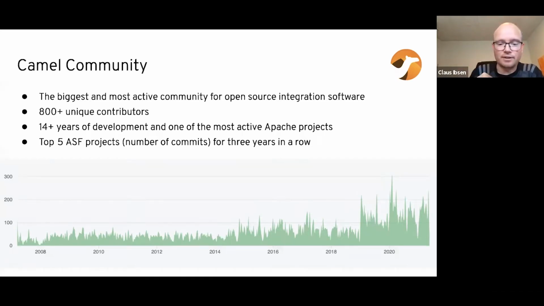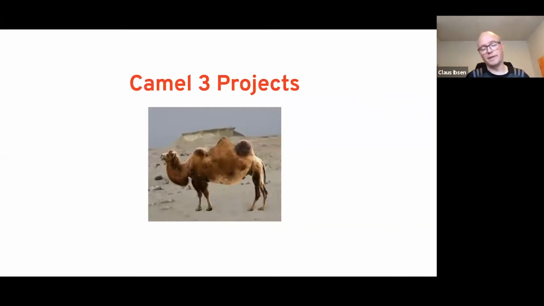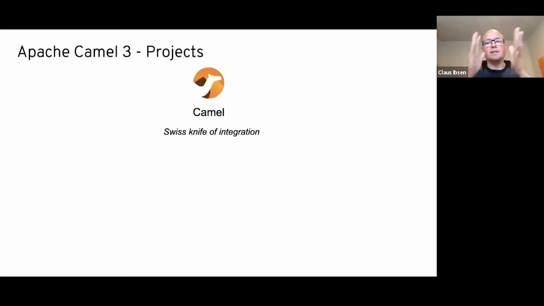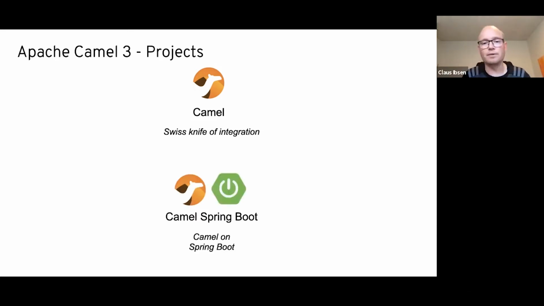But what I'm going to touch on is what we've done to make Camel, particularly Camel 3, relevant for the cloud. In Camel 2, we had a monolithic project. There was one project with just Camel. So what we've done is to separate that into multiple projects. We have Camel as the core project with the Swiss knife of integration.